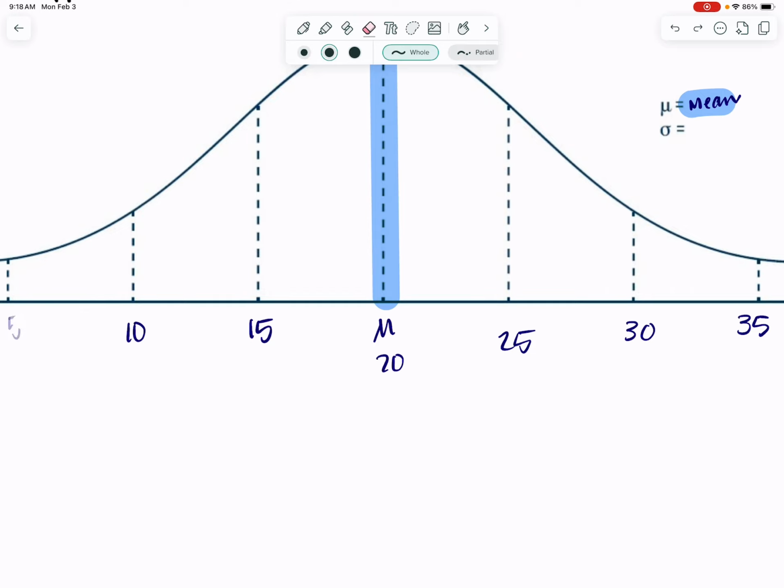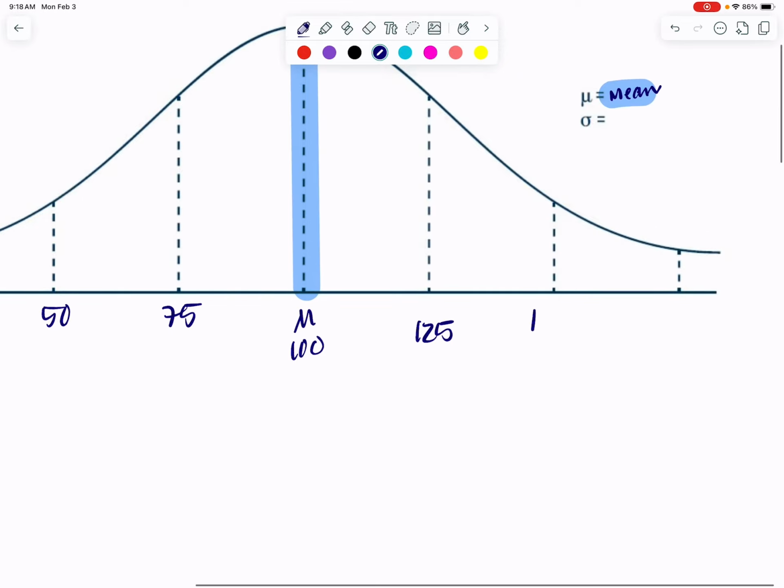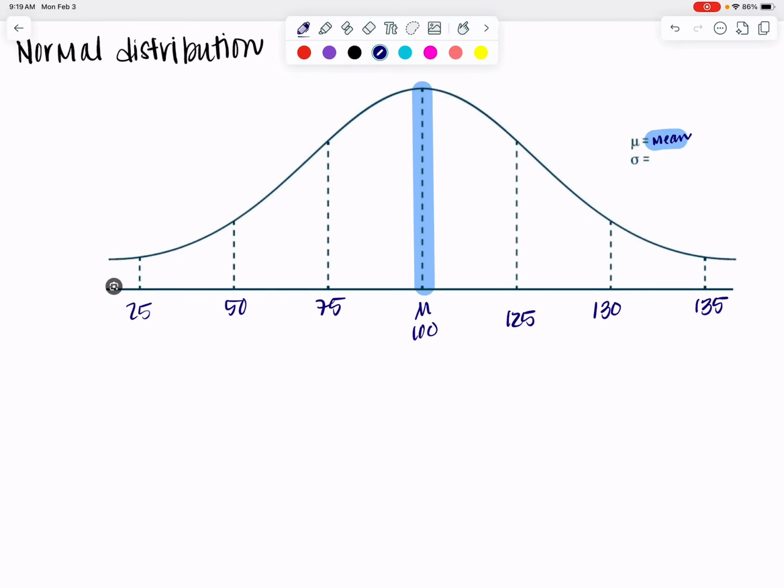If I put in a totally new set of data, let's do 25, 50, 75, 100, 125, 130, 135.